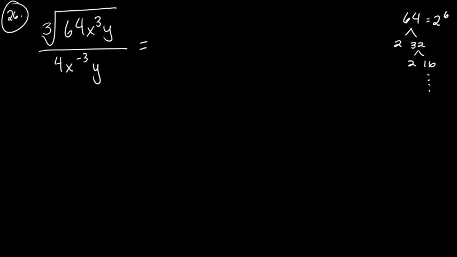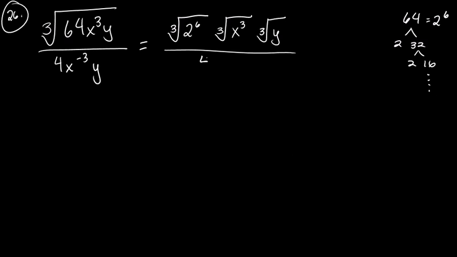That means if I use the product rule, I can break 64 x to the third and y apart into their separate cube roots. So I have the third root of 2 to the 6th, times the third root of x to the third, times the third root of y. And then I will handle my denominator in a minute.